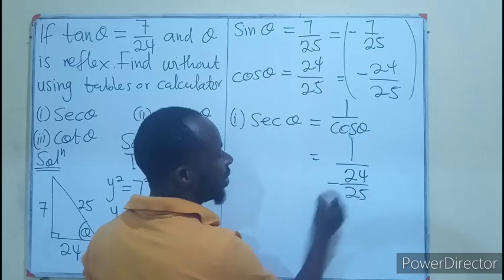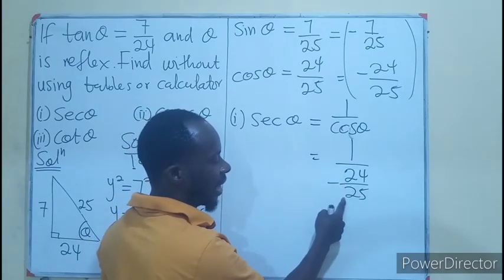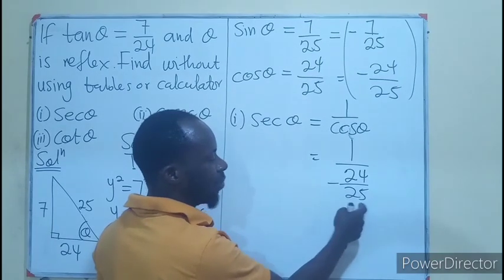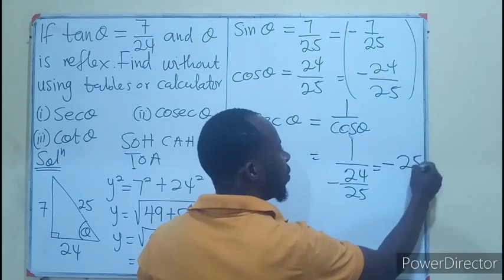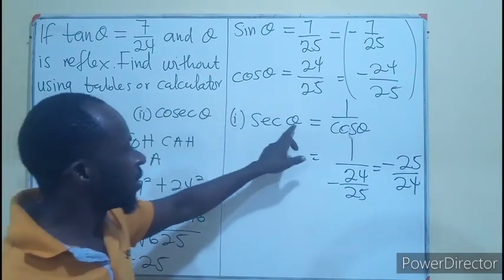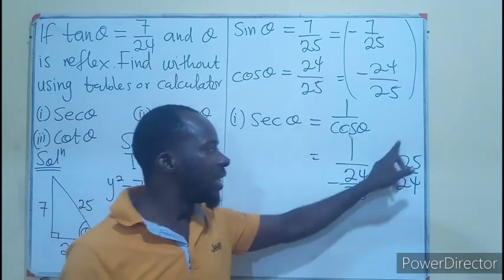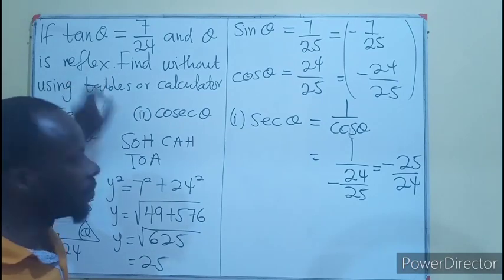Don't forget, this is negative. If you are dividing by a division, the last denominator becomes the numerator. So this is going to be negative 25 over 24. So sec theta is negative 25 on 24 in terms of the reflex angle.